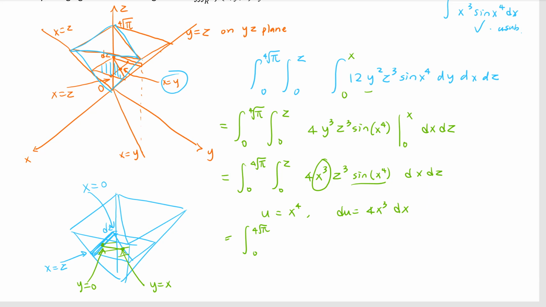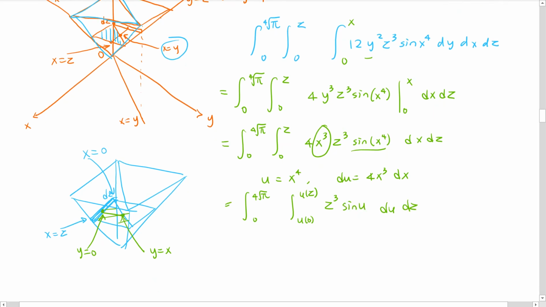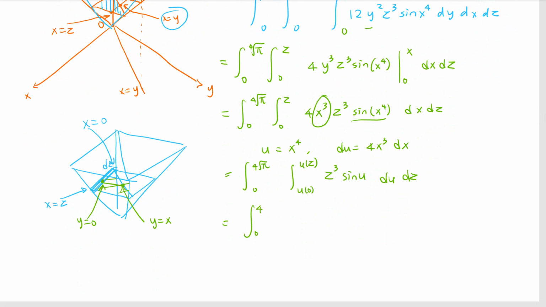So we have u of 0 to u of z. 4x cubed dx becomes du, and then z cubed is like a constant, and we have sine of u. Well, what is sine of u? The integral of sine u is plus or minus cosine.